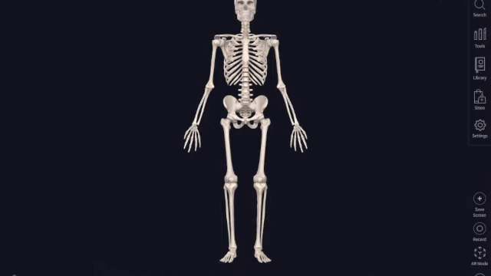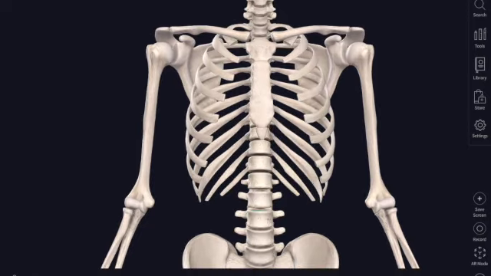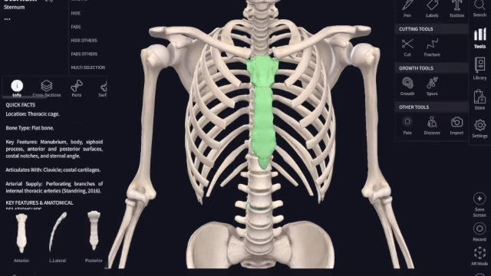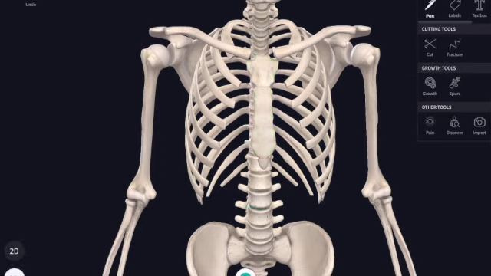The last bit of this sheet is the thorax. So we have the sternum. This section is the sternum. The manubrium is this top piece. The sternal angle is down here.